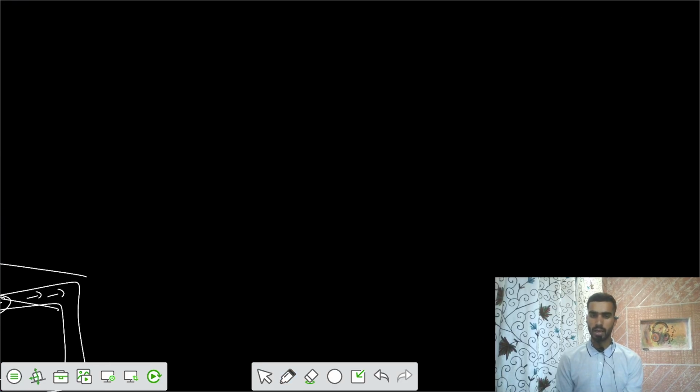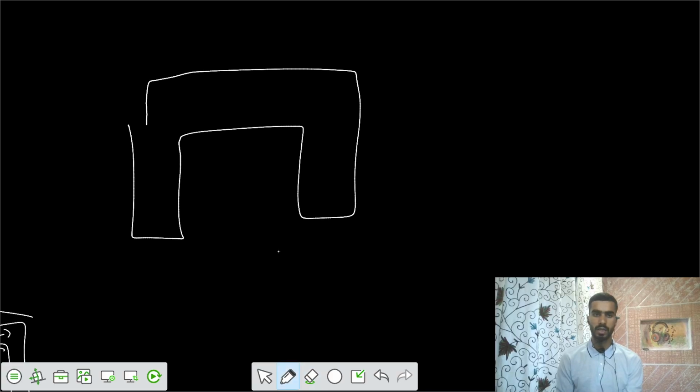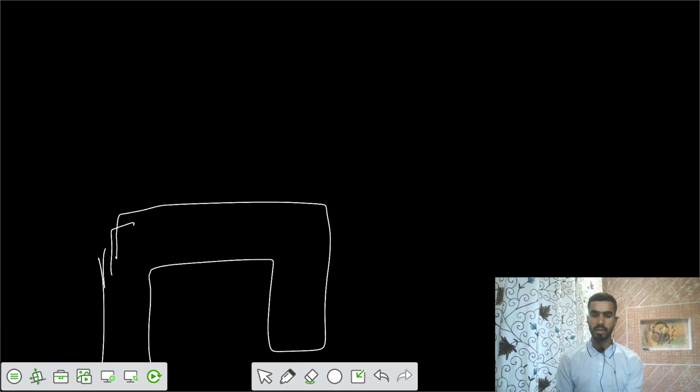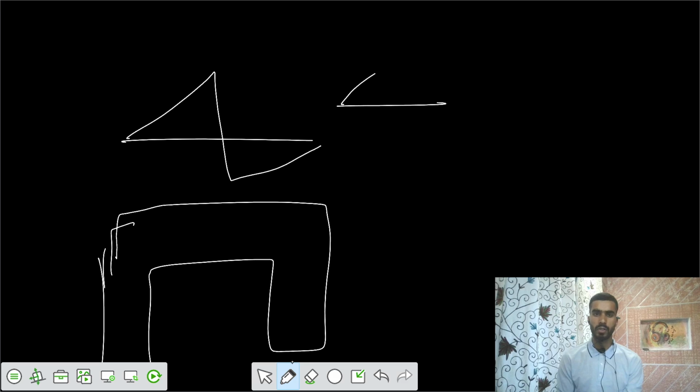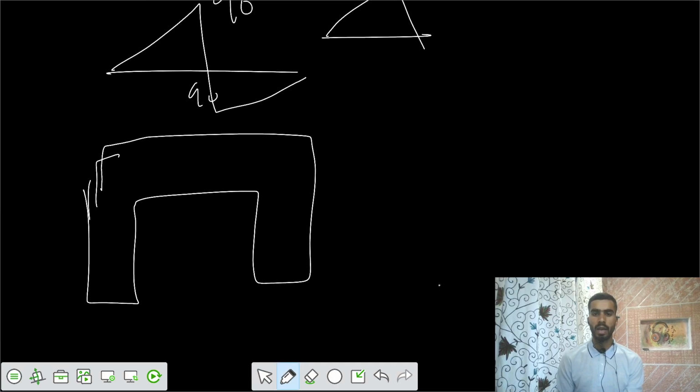And one more thing: if you take that channel section, there is some variation of shear flow. You can show it in this way, or in this way. So you have this value of q and q from both sides, and similarly we can assume that we have two webs.